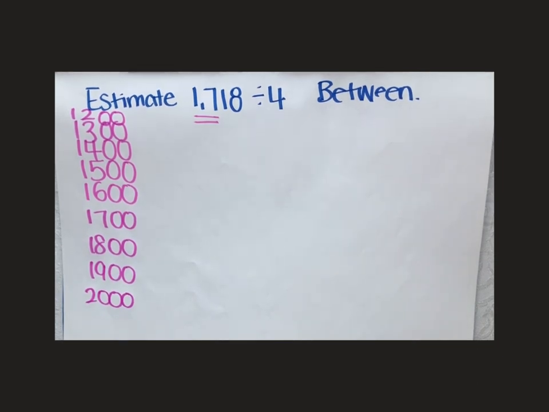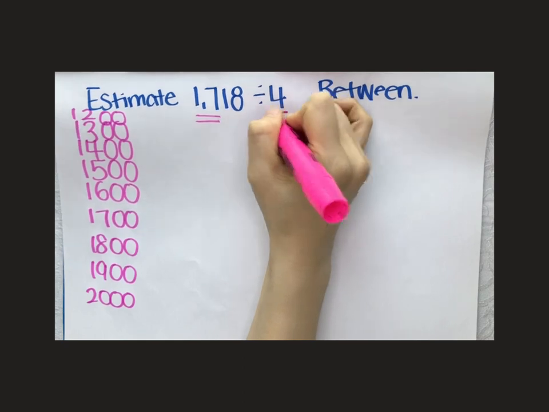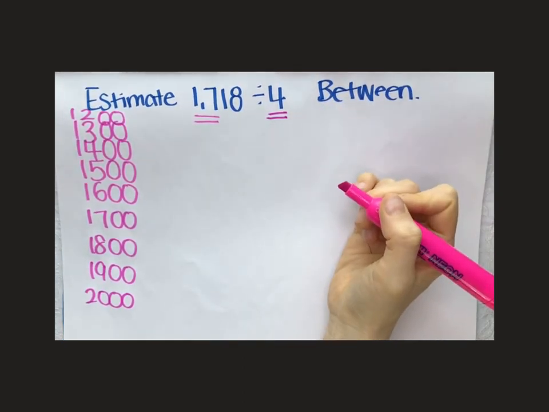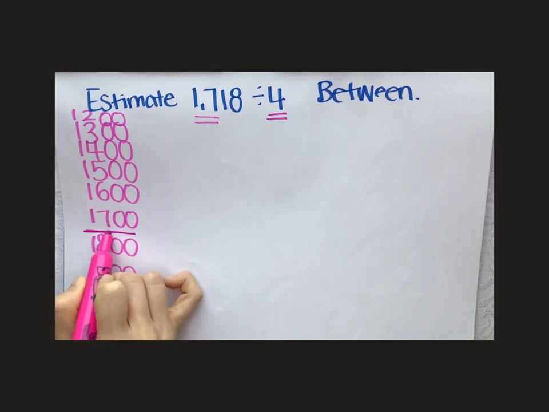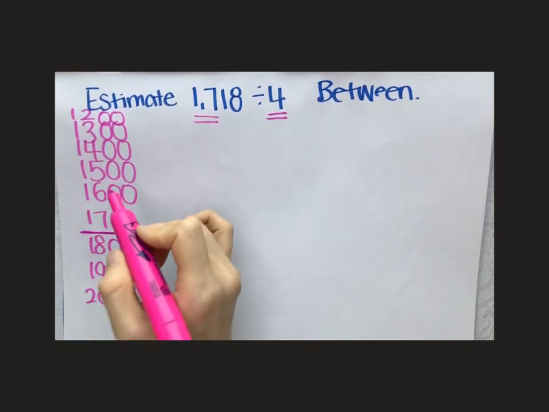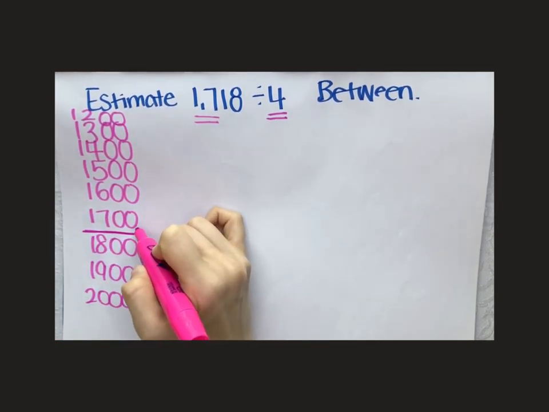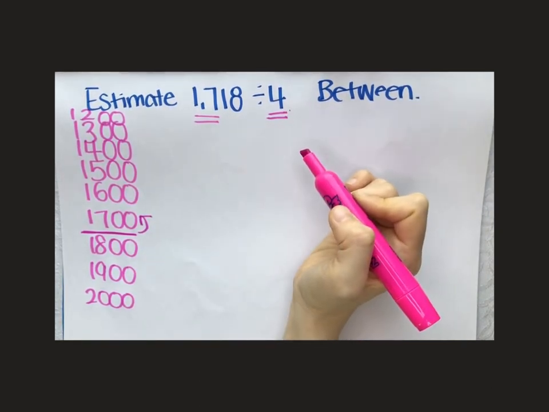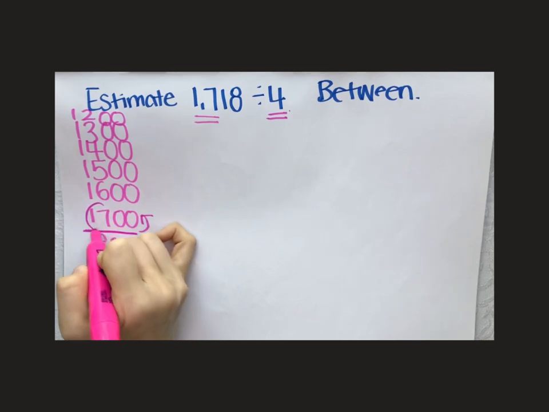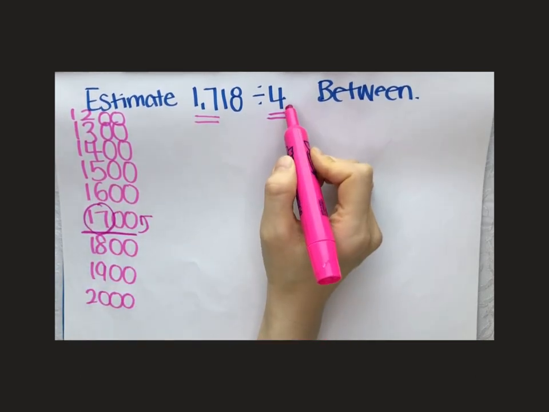So you know what I'm going to do? I'm going to try to choose. I have a divisor of 4. And I know that my number, 1,718, is somewhere near here. Is it closer to 1,700, and can I divide that by 4? Is 17 a multiple of 4?